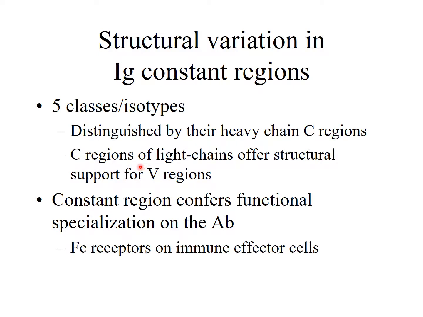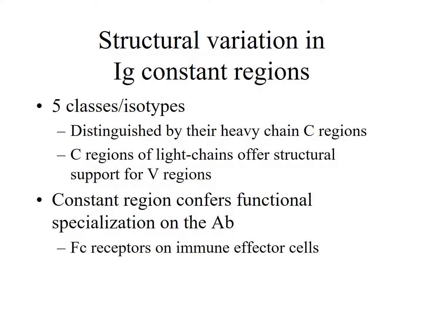The C regions, the constant regions, will offer support for the variable regions. And as we're going to see over the next few slides, the different constant regions are going to have slightly different domain structures. These different domain structures are what give the different antibodies their function.